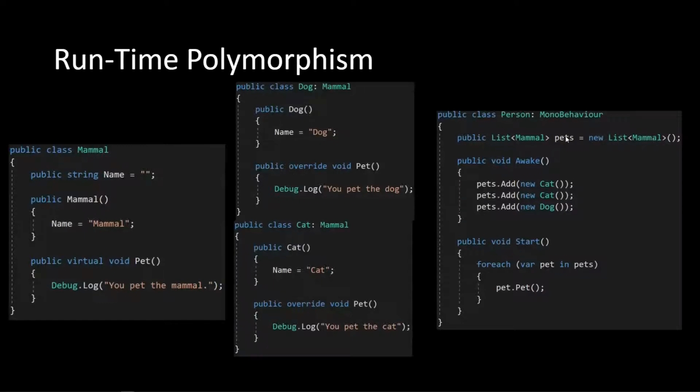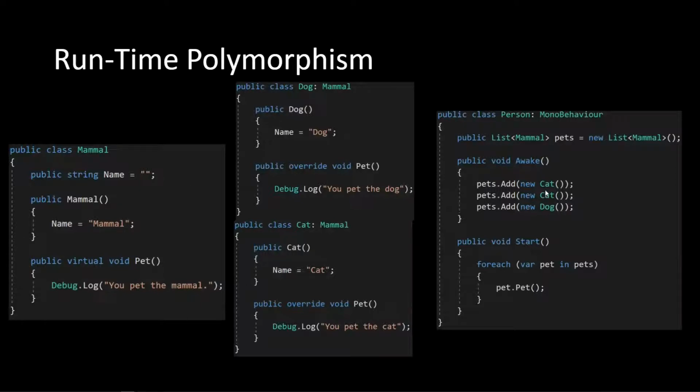So I create a list of pets, which is basically a list of mammals. And then to that list, I assign a cat, another cat, a dog, right? I can add these things to this list of mammals because they inherited from the mammal base class.